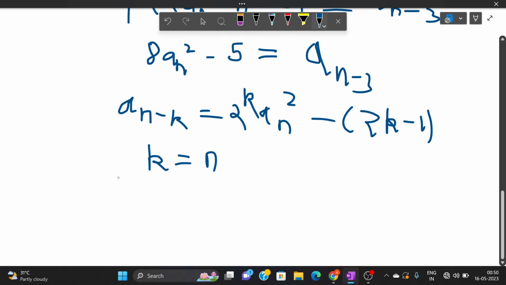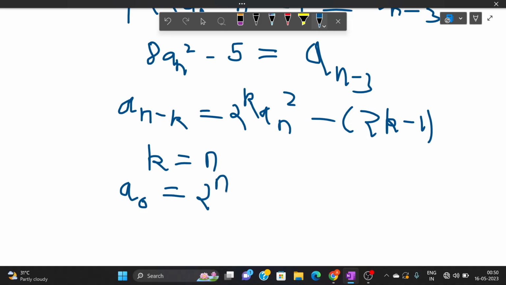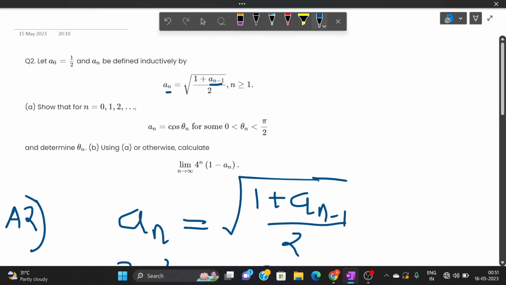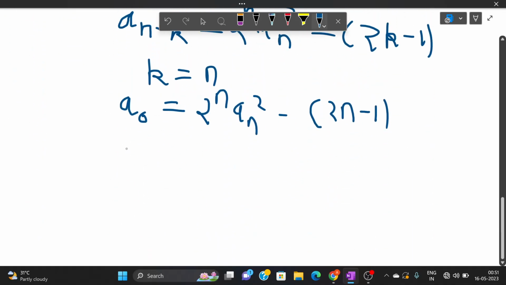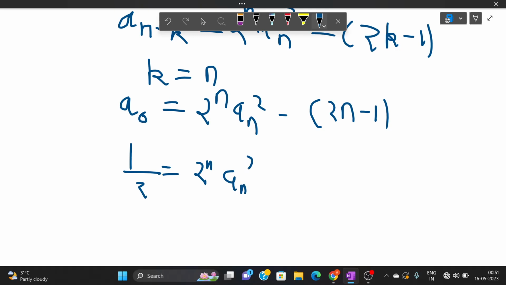So I get a naught is equal to 2 to the power n a n square minus (2n minus 1). And we are given that a naught is equal to half. So since a naught is equal to half, we have 1 by 2 is equal to 2 to the power n a n square minus 2n plus 1.